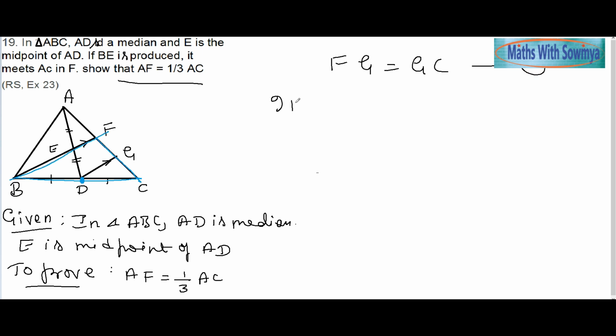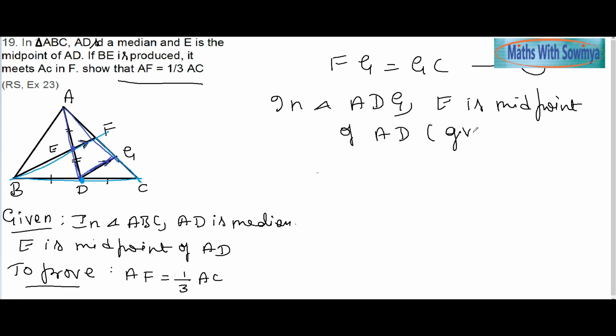Similarly, now I take triangle ADG. This is the triangle which I am taking now. In this particular triangle, E is the midpoint and these two are parallel. Again here, E is the midpoint of AD. This is given.